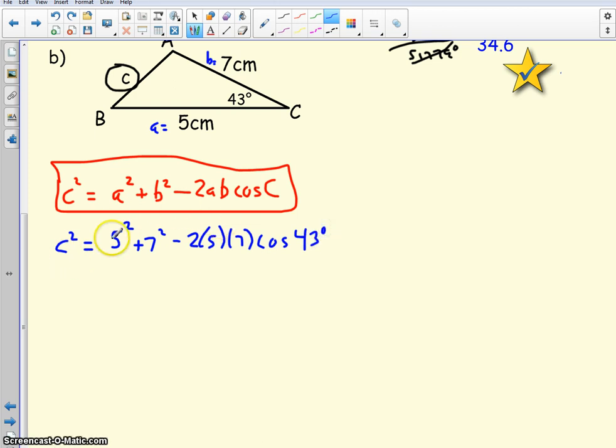Okay, and in theory I can run this all through my calculator, but let's just simplify it first. 5 squared is 25. 7 squared is 49. Here I'm going to get 70.